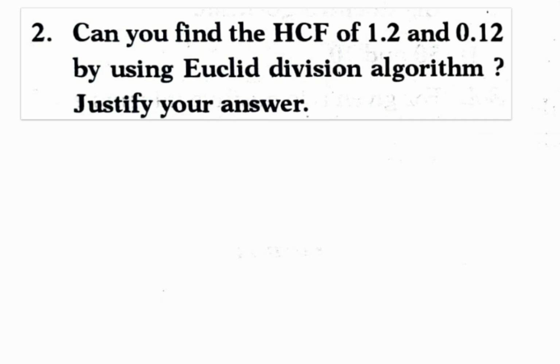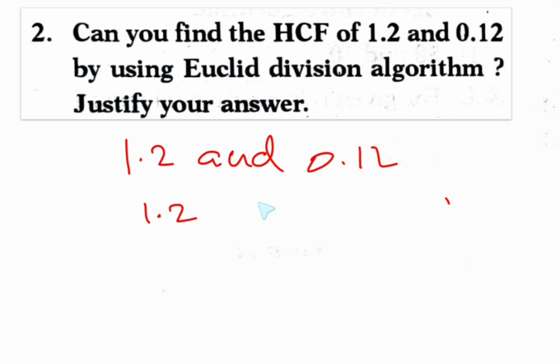No, it is not possible to find the HCF of 1.2 and 0.12 by using Euclid division algorithm, because Euclid division algorithm is applicable only for positive integers, but here 1.2 and 0.12 are not integers, these are decimal numbers, so it is not applicable for this Euclid division algorithm.